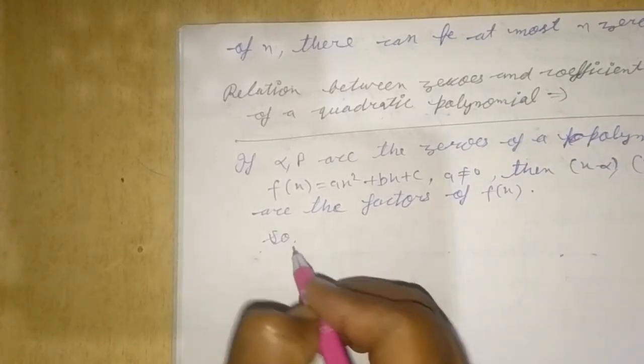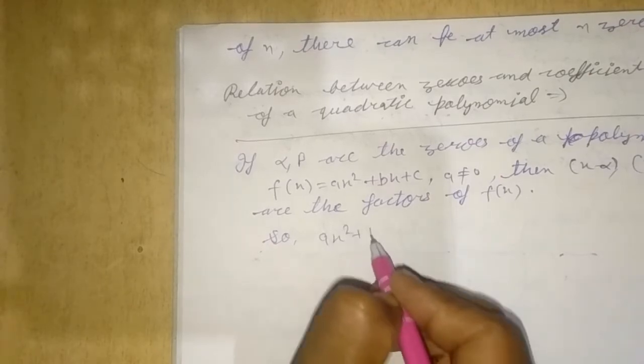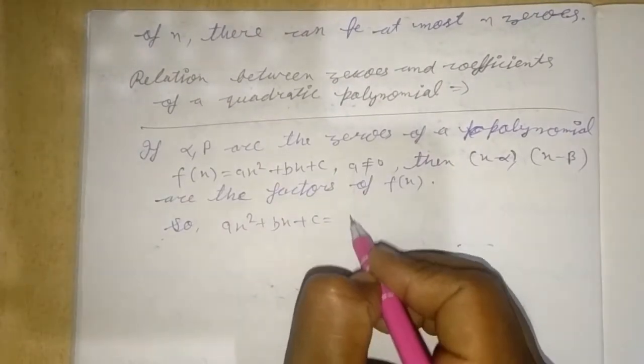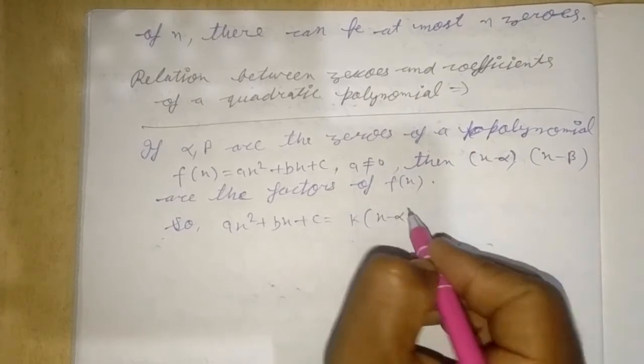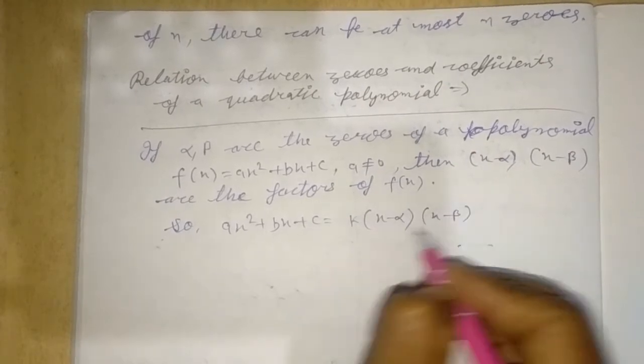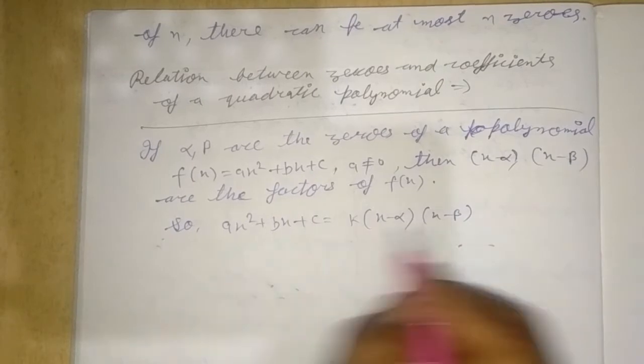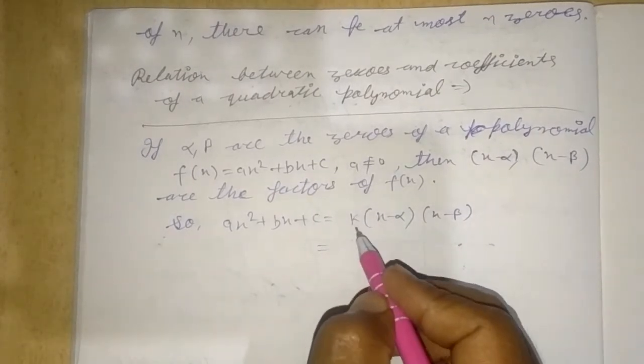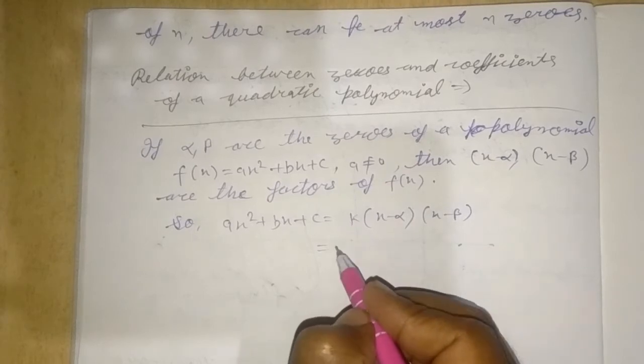So we write ax square plus bx plus c is equal to k times (x minus alpha)(x minus beta). So this is the factorization of this quadratic polynomial, where k is any constant.